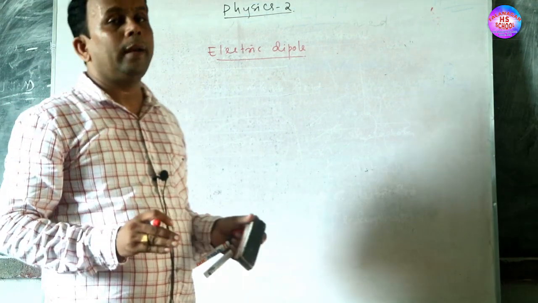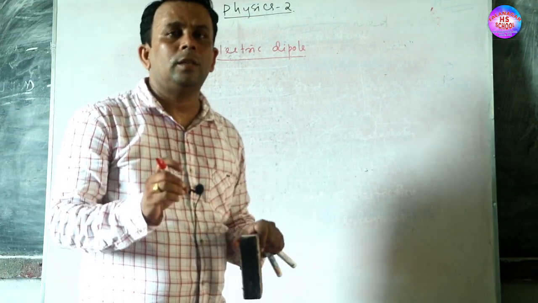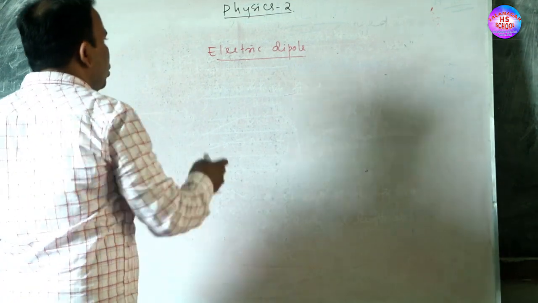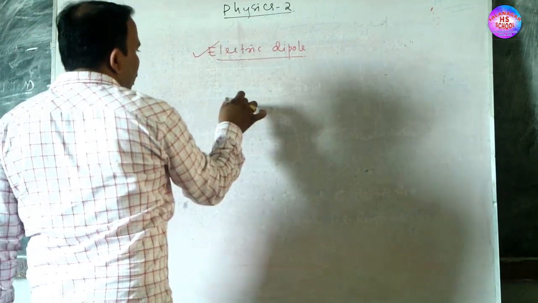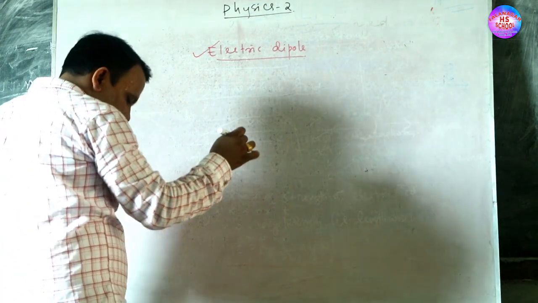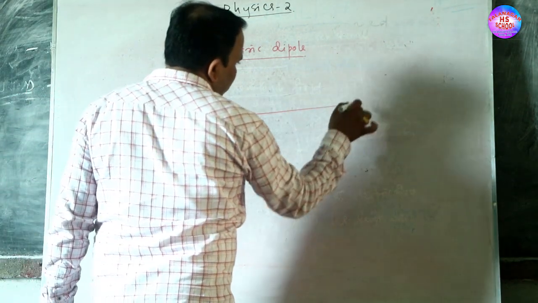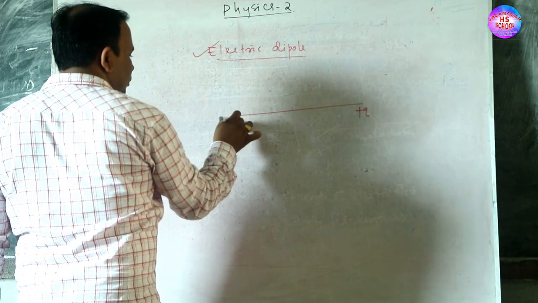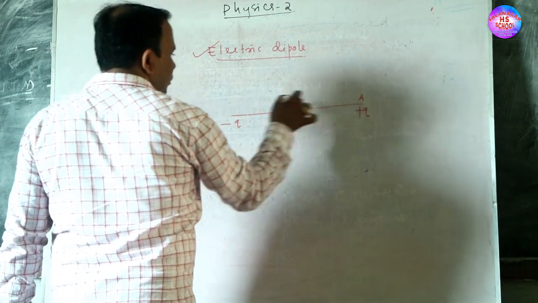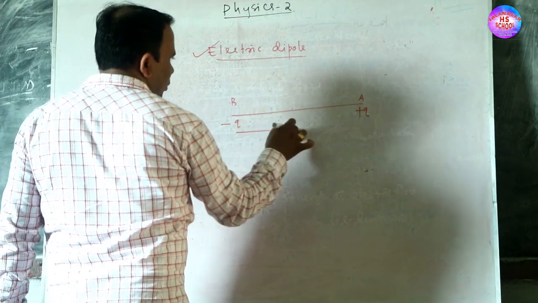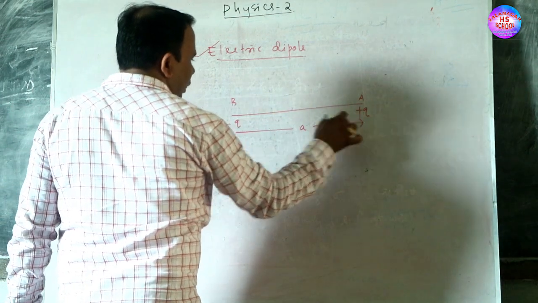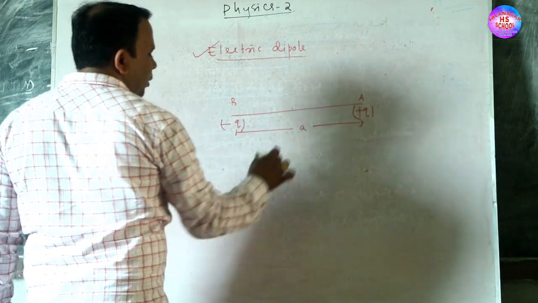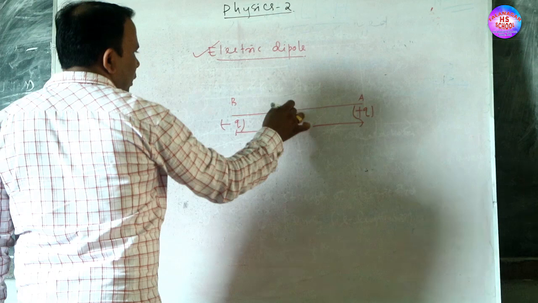That is called an electric dipole. Two charges, plus Q and minus Q, separated by a distance 2A, form the electric dipole.